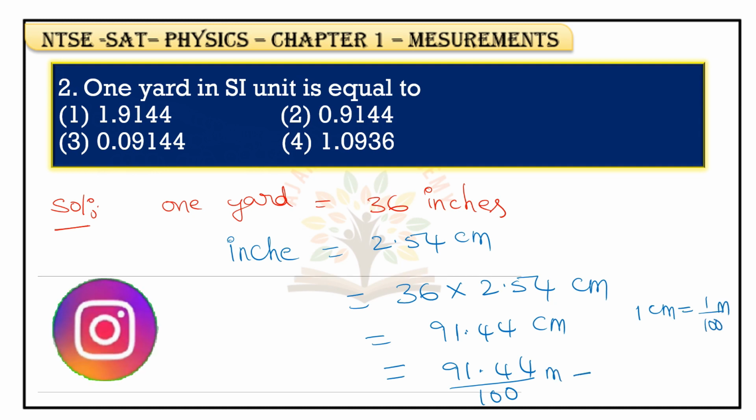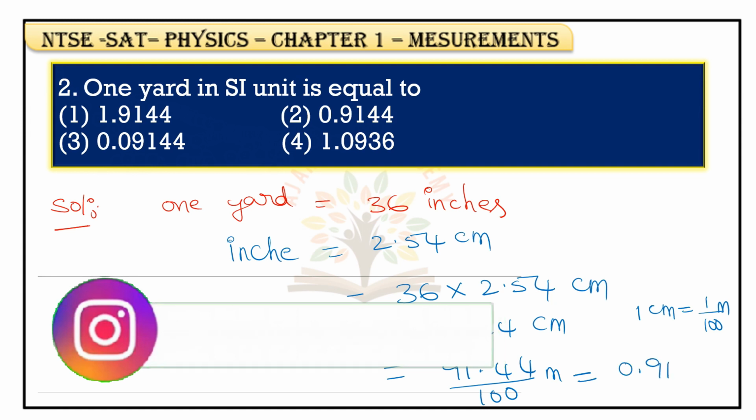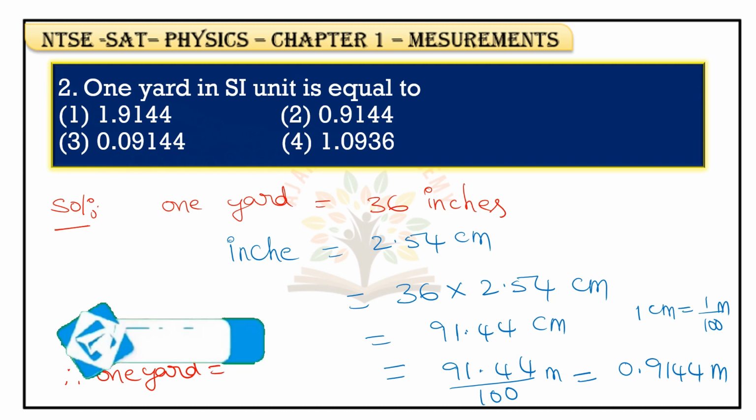So 91.44 by 100 meters. This can be written as 0.9144 meters. So therefore 1 yard is equals to how many meters?